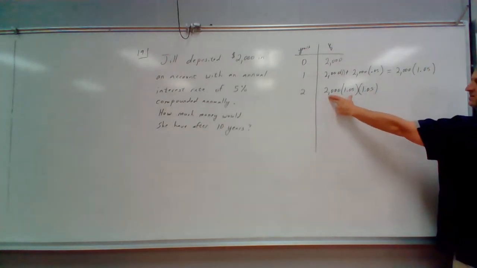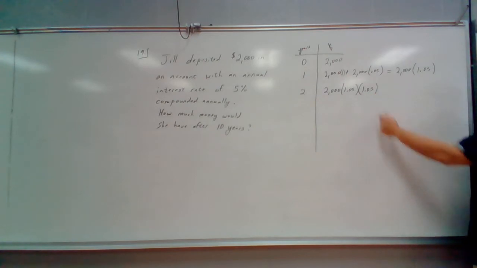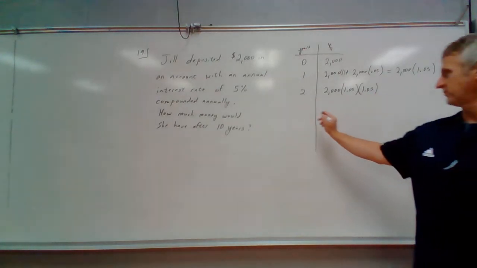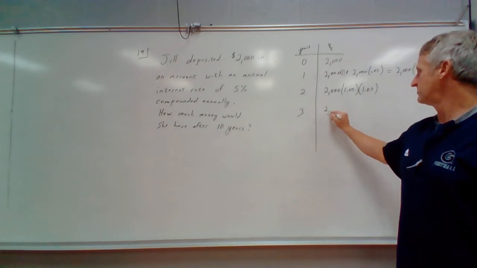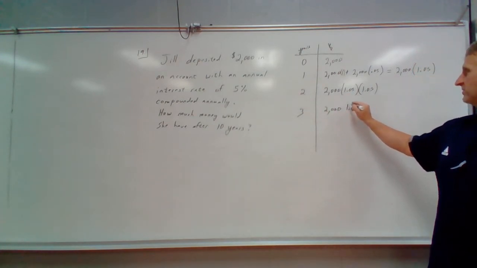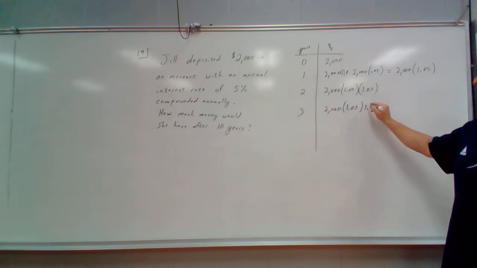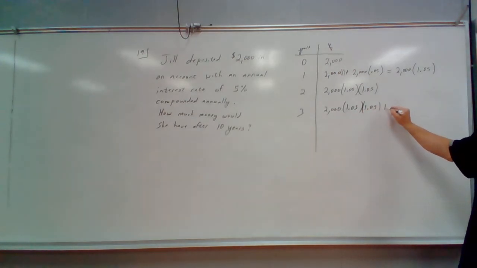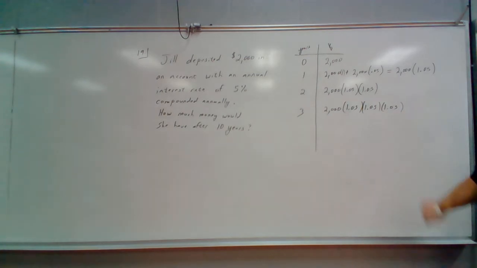So what she has in there, times it by 1.05, and that's her new amount. Okay, after 3 years, we would take this amount that she has, 1.05 times 1.05, and we would multiply by another 1.05. That would tell us how much she has.